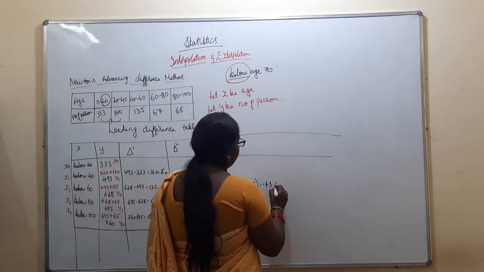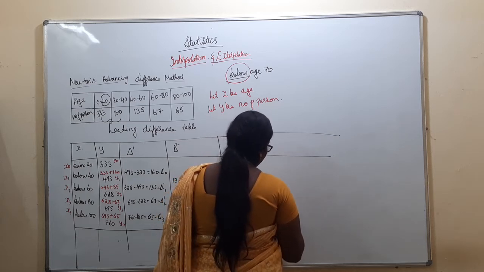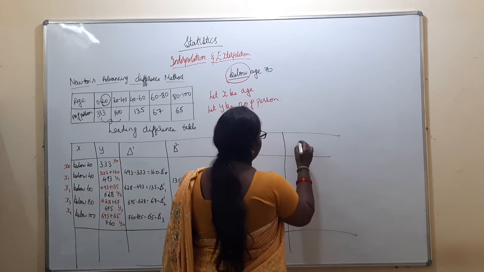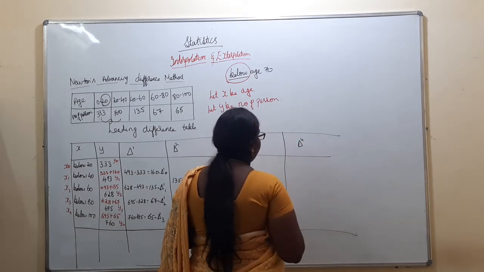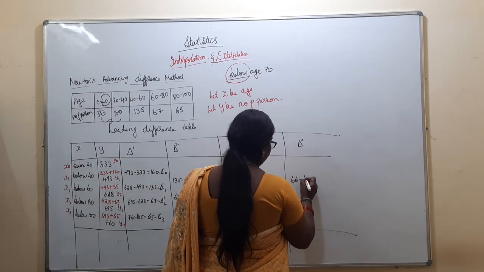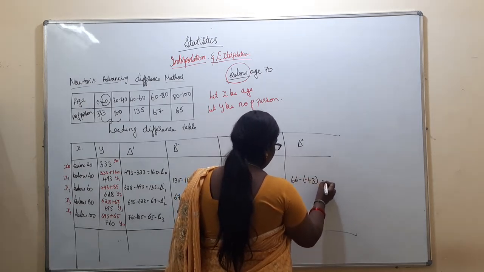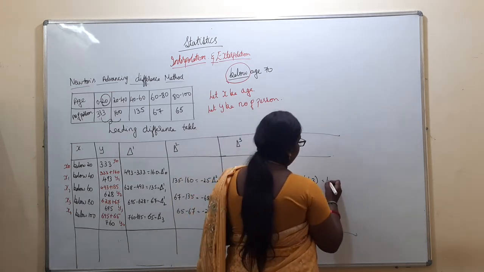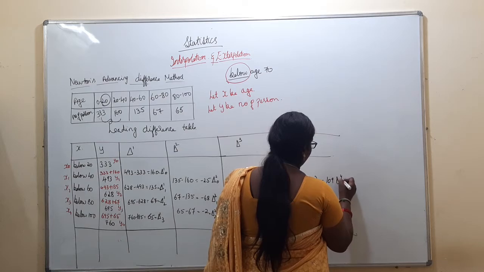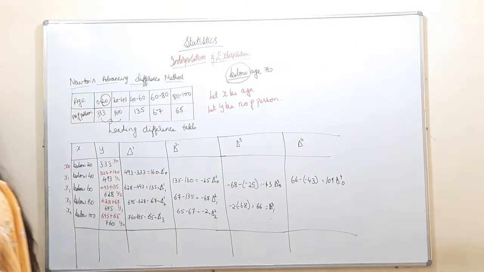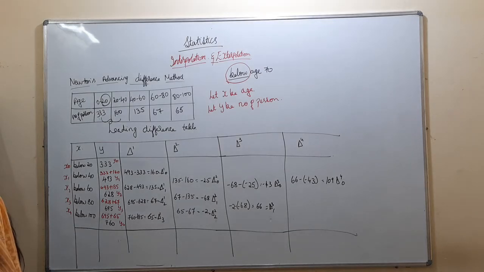This is my delta cube y0, delta cube y1. Again 1 factorial I need to express, delta to the power 4: 66 minus of minus 43, I will get 66 plus 43, 109, as my delta 4 y0. My delta 4 y0 is 109, a positive value. Till here is the common one.